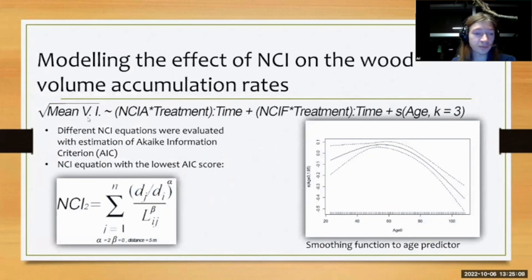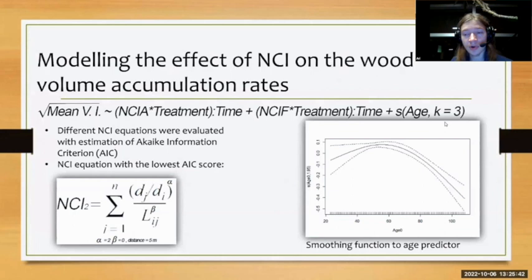The response variable was the square root of mean volume increments for each of these 5 time periods, starting from 2000 to 2005, 2006 to 2010, and so on. There was an interaction between competition index and treatment effect, split by the 5 time periods, and I added a smoothing spline as age, since it wasn't equal between the plots.